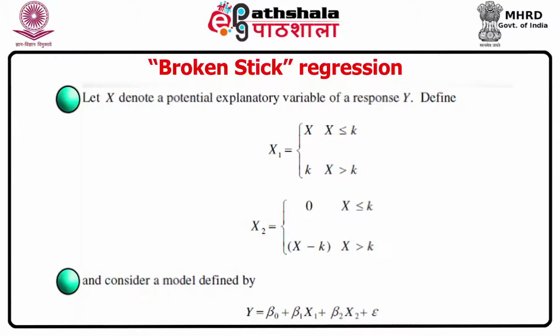Let me define x1 as equal to x if x is less than or equal to k, and k if x is greater than k, and x2, which is 0 if x is less than or equal to k, and x minus k if x is greater than k. Then a good exercise is for you to check that the broken stick regression can be fitted by fitting a regression of y on x1 and x2 using the equation given on the last line of this slide.